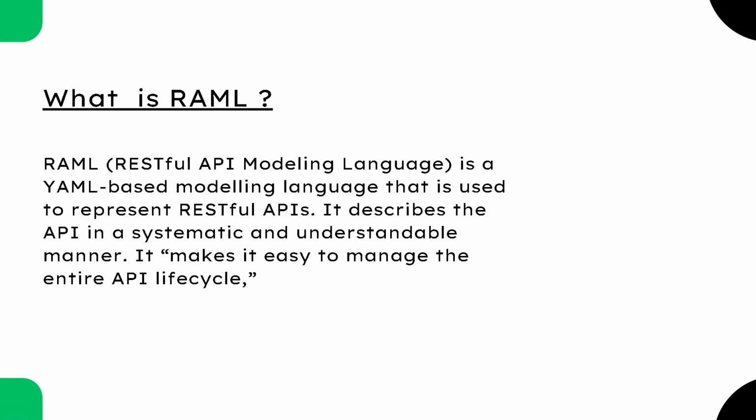So guys, with the help of RAML we can give structure to our APIs: how our API endpoints behave when someone triggers it, what request and response structure will be sent to the client or received by the client, what the status codes will be if any error occurs, and what authentication mechanism we have in our API.